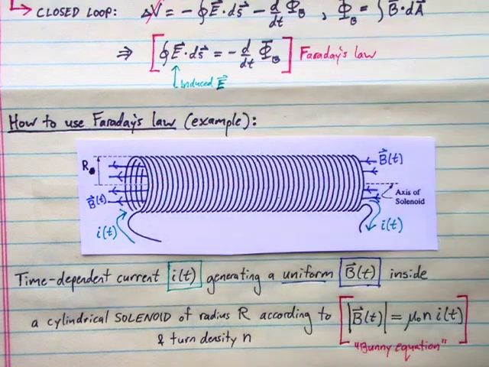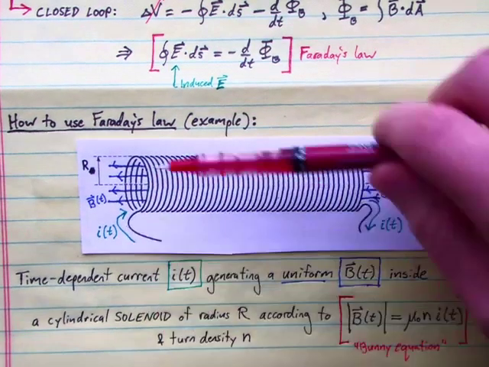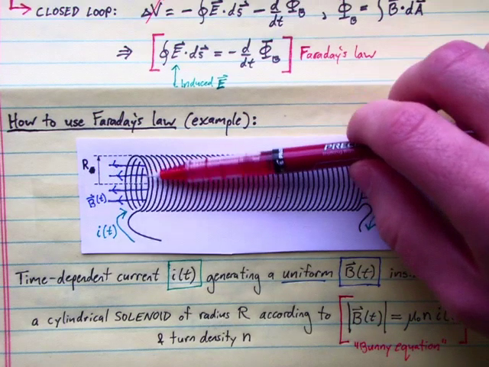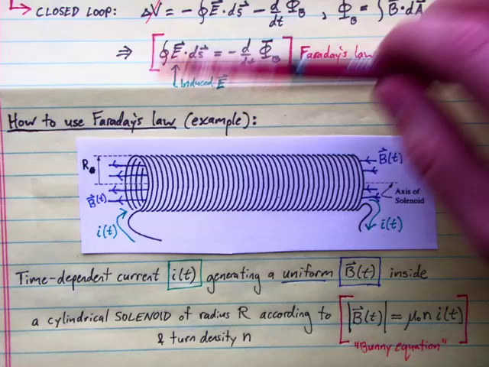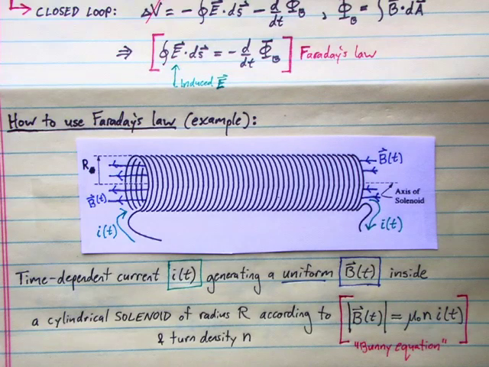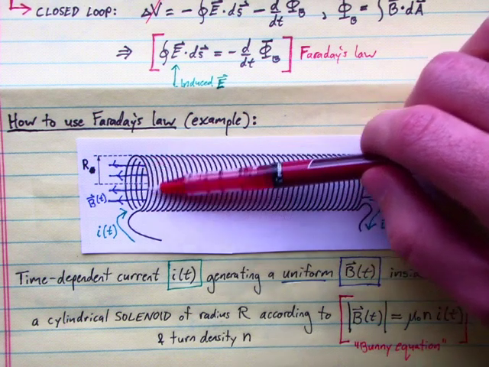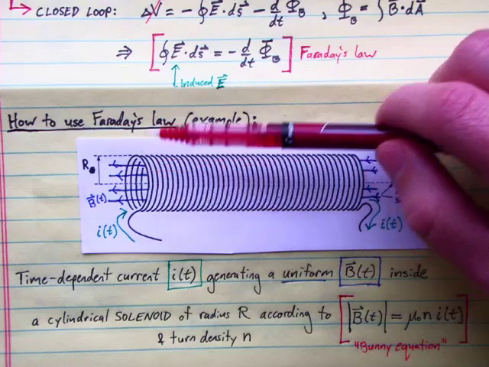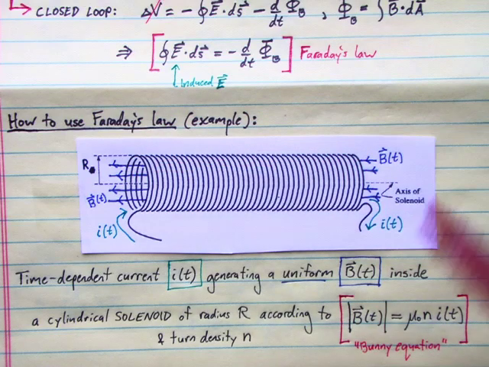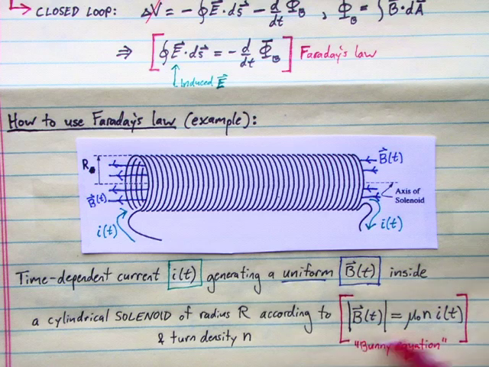So in this way, by controlling i, we can adjust the B field on the inside, increasing or decreasing it in strength with time, producing a time-dependent magnetic flux through any loops we should draw inside the coil here. So that's how we're actually going to achieve a time-varying magnetic field.